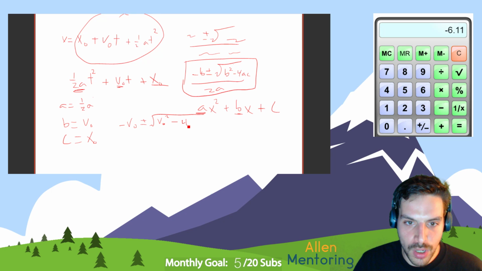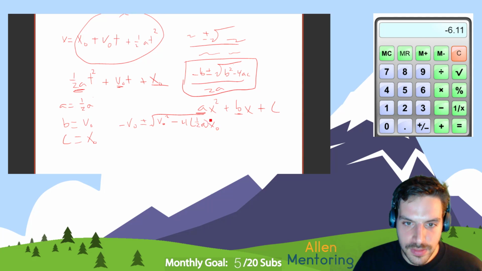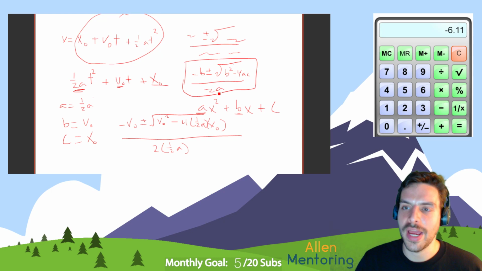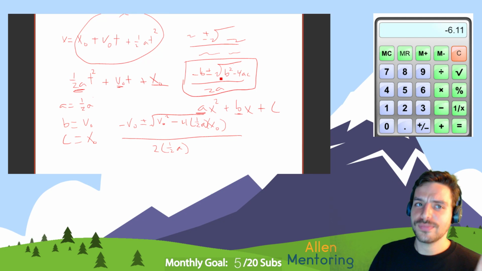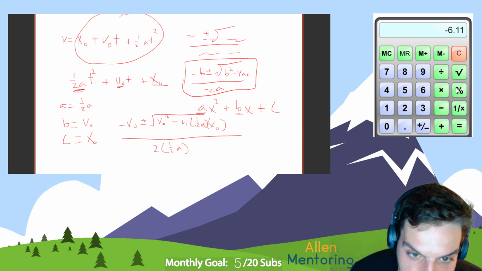So it's going to be 4 times 1/2 a, because it's A times C, all over 2 times 1/2 a, right? Because it's all over 2A. Does this make sense to you guys? Did I go a little bit too fast, or does that make sense to Bob especially, because you asked this question?